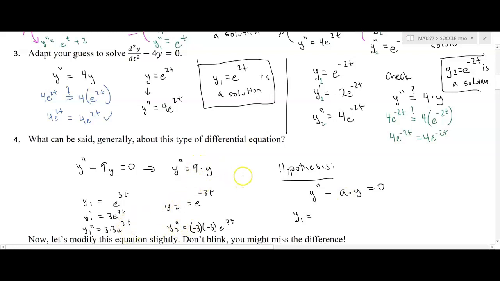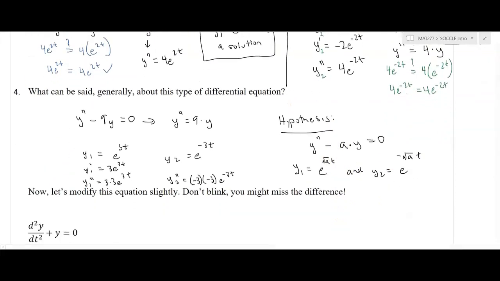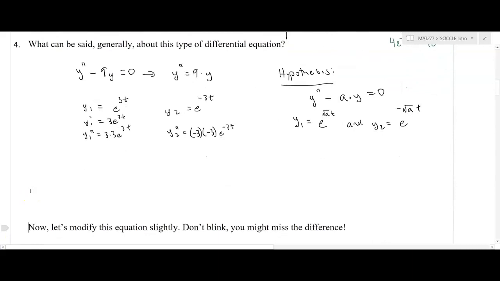The relationship between the 9 and the 3 was that we would expect the exponent to be the square root of that number, like so. And y2 would equal e to the negative square root of a times t. Now, t is not in that square root, so that's an important detail to note, because these can often start to look the same, but you have to be really cautious.